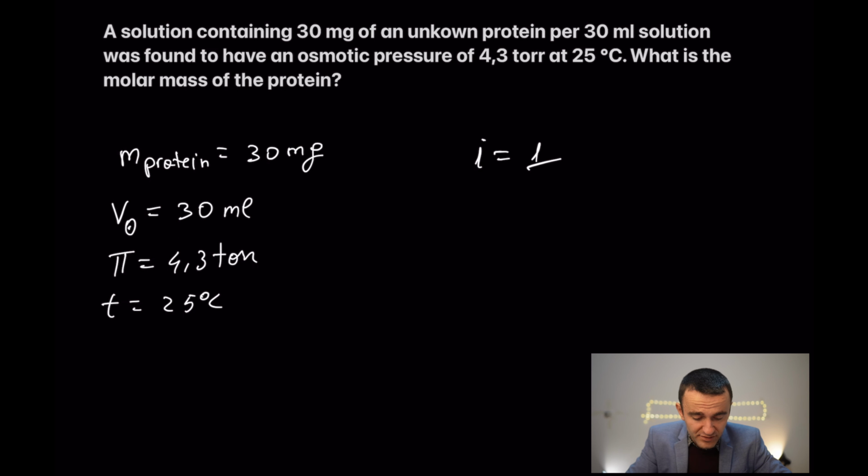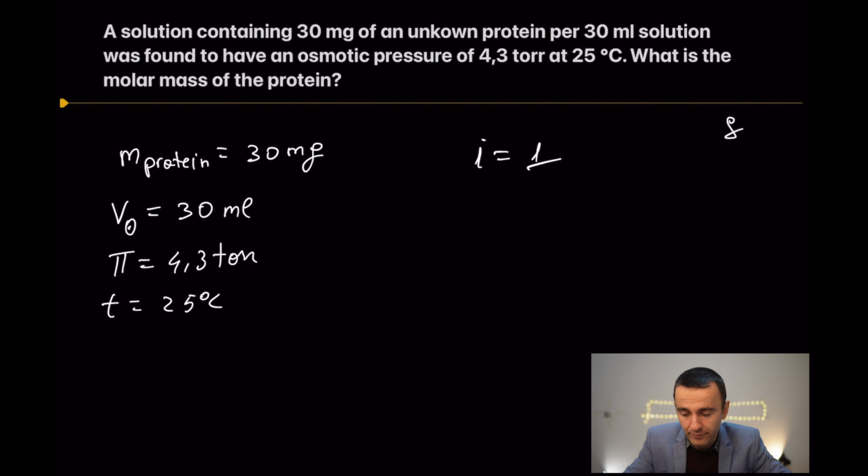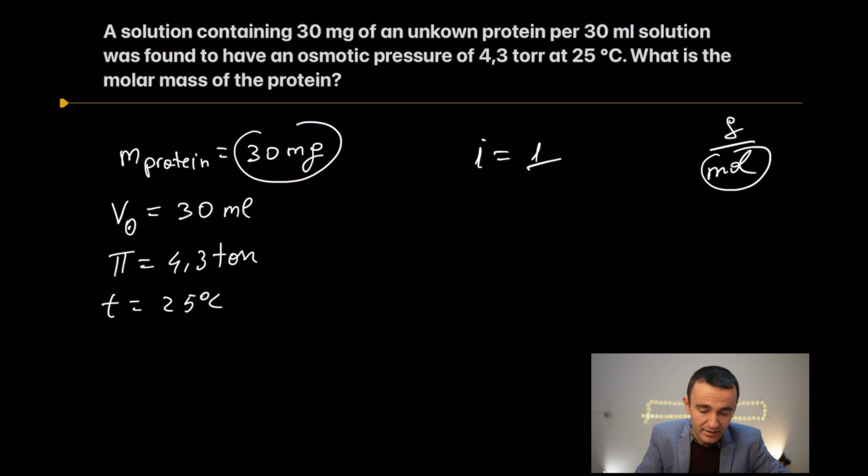First, we have osmotic pressure, we have the volume, we have the temperature, we have the mass of the protein. We know that molar mass is gram per mole. Okay? So we need to find first the number of moles, because the number of grams is given, and we can convert this even here immediately in grams, because it's in milligrams.